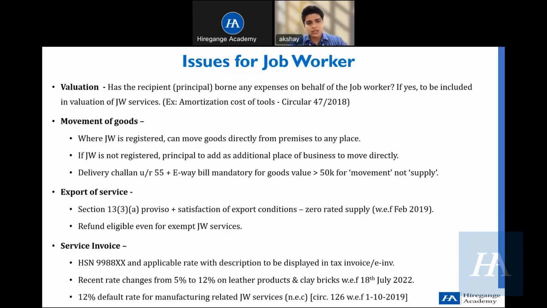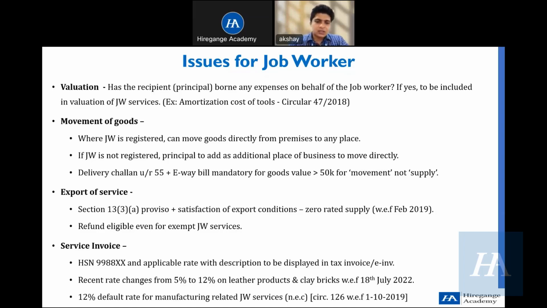Export of services is a very common question in relation to job work services, especially after the February 2019 amendment, wherein a proviso to Section 13(3)(a) was inserted in the IGST Act, specifically mentioning that any treatment or process on goods done on a temporary basis will be considered an export of service, where the place of supply would be deemed to be the location of the recipient, which is the location of the customer outside India.